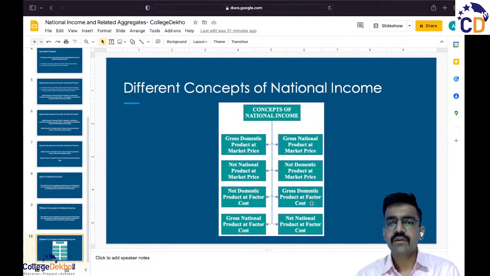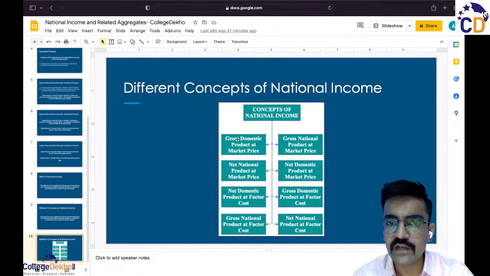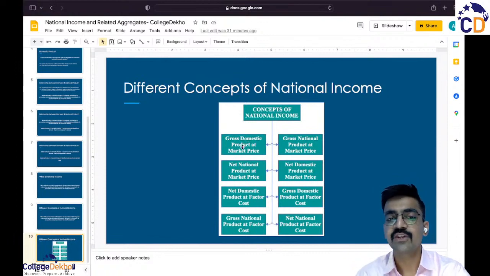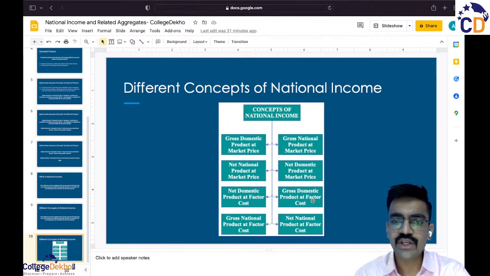Once you find out which type of cost you have to calculate, for example, the gross domestic product, then the next question is whether you have to calculate it at market price or the factor cost. Accordingly, there will be a certain change in the formula being used, right?